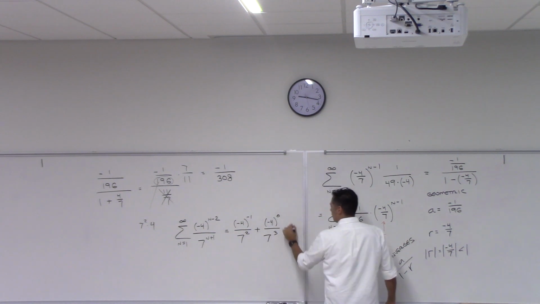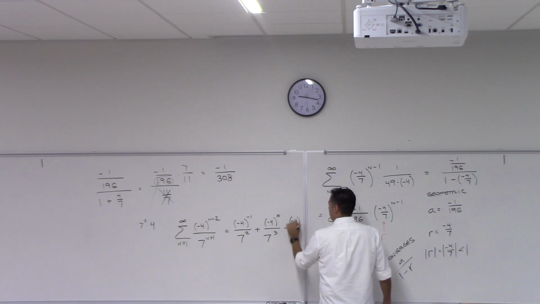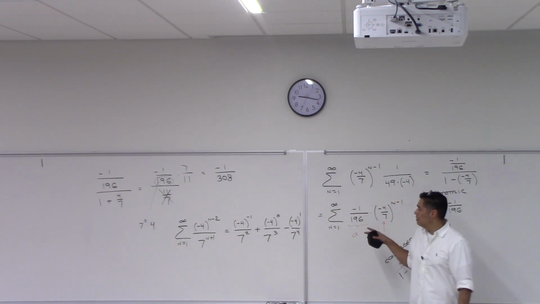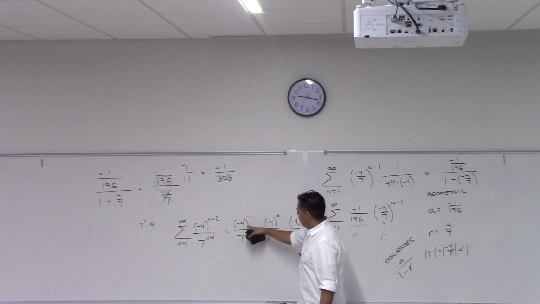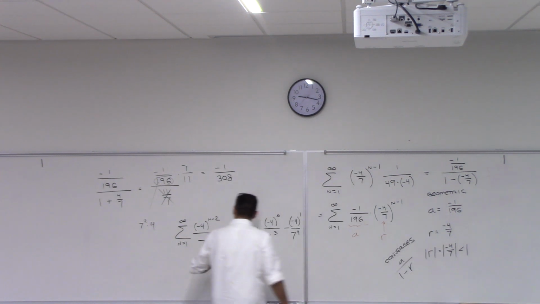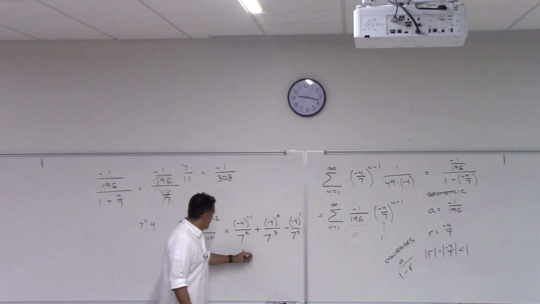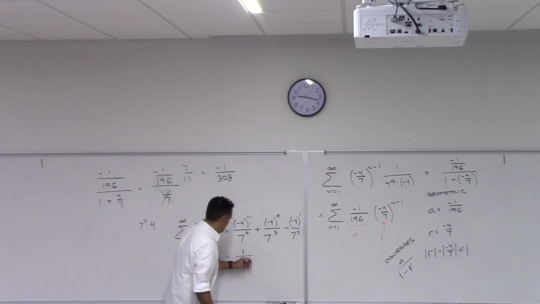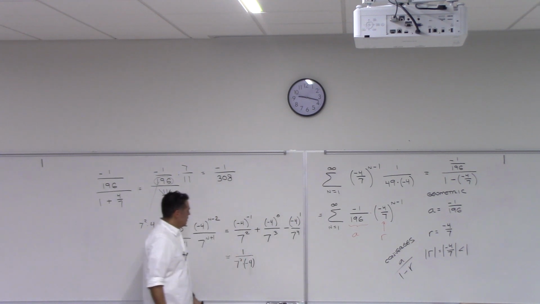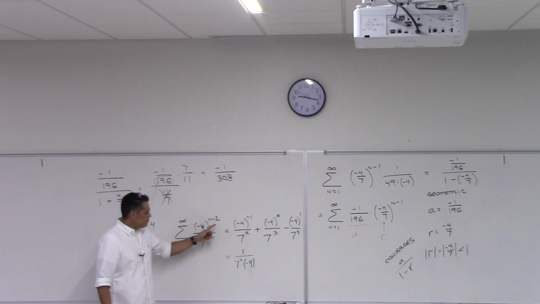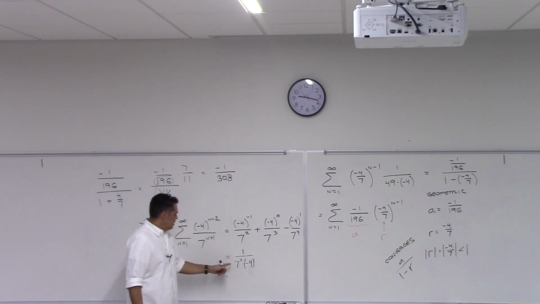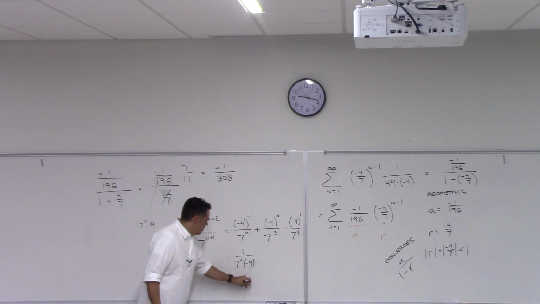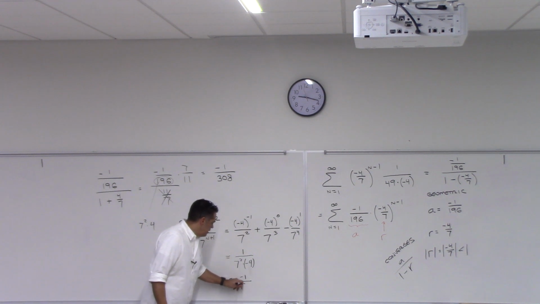Then minus negative 4 to the first over 7 to the fourth, right? That's what's happening. Let's see what this number is right here. This is 1 over 7 squared times negative 4. And we did that earlier, right? That was negative 1 over 196.